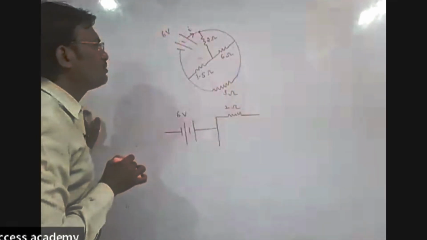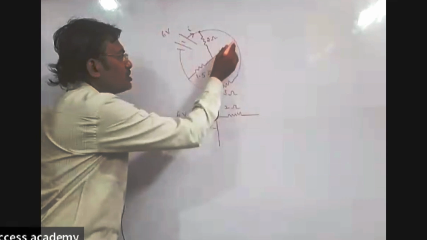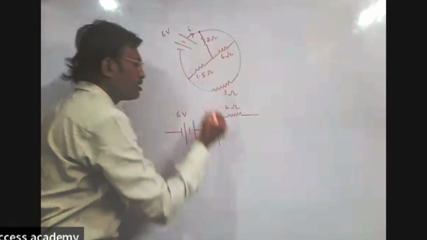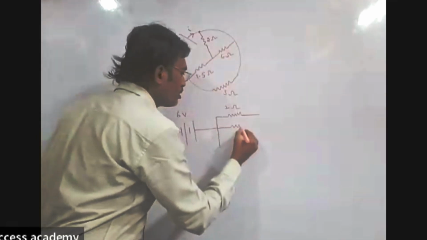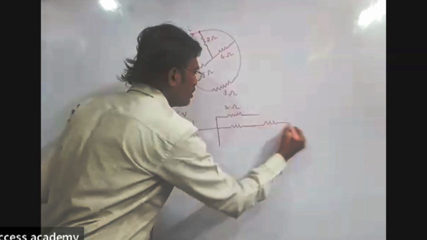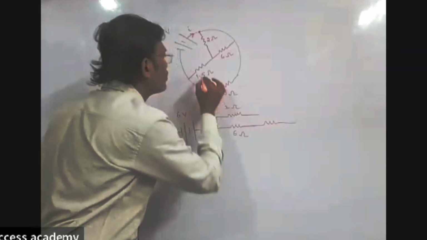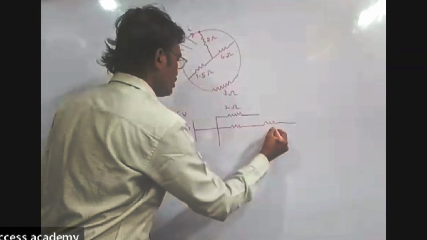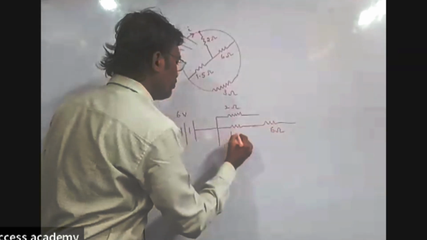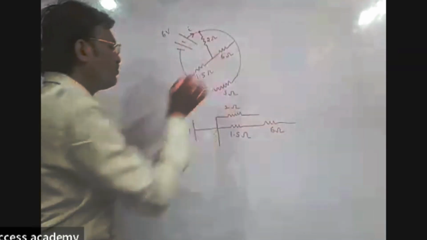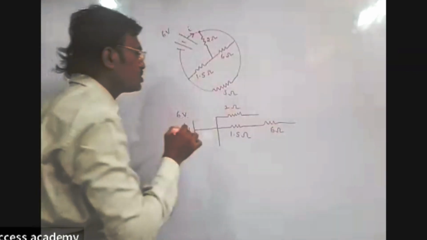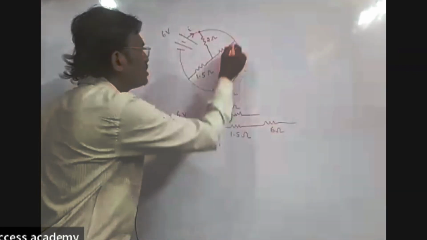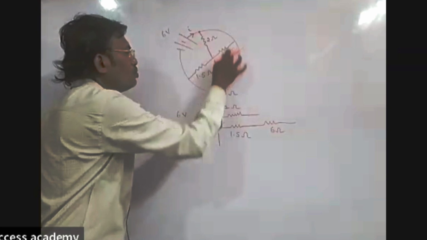Next, this is 6 ohm, and this is 1.5 ohm. And next, one more is 3 ohm. 3 ohm also split from here: 1, 2, 3.